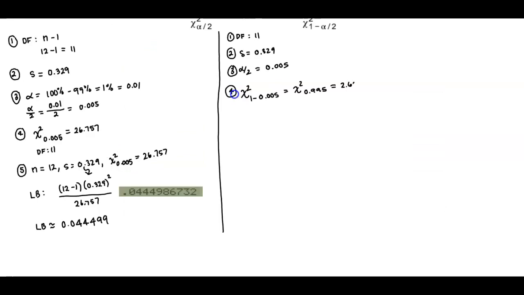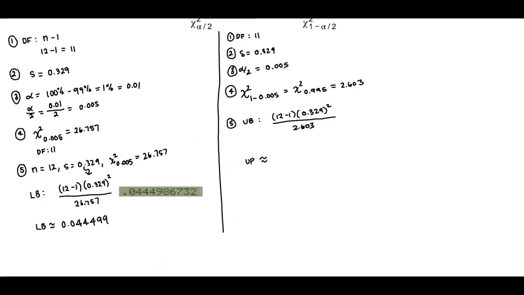So we have 2.603. We know what n is, we know what the standard deviation is, and we know what the chi-square critical value is. So let's put it in our formula to find the upper bound. This is 12 minus 1 times 0.329 squared divided by 2.603.